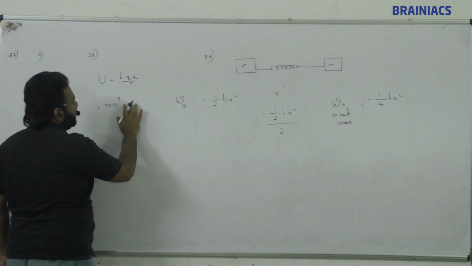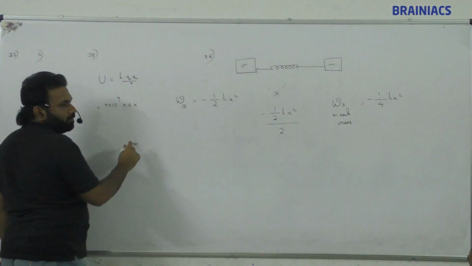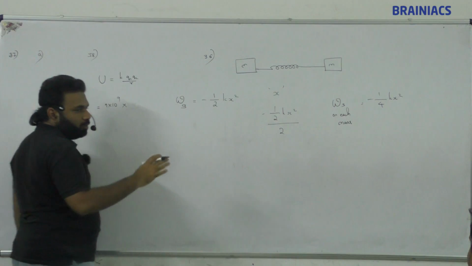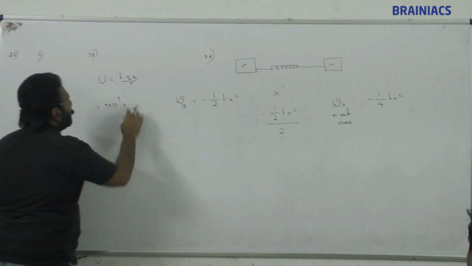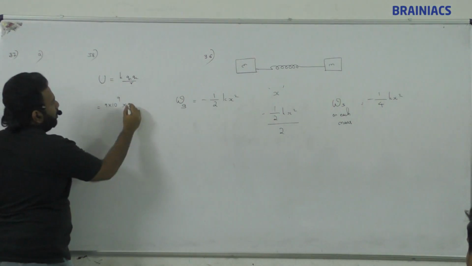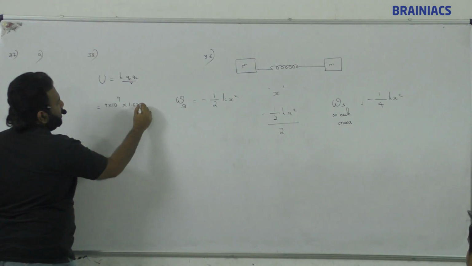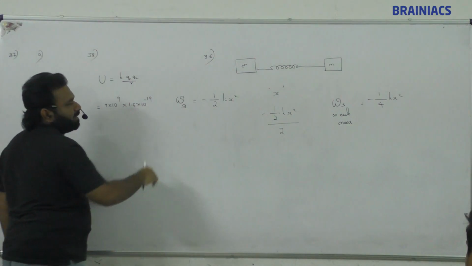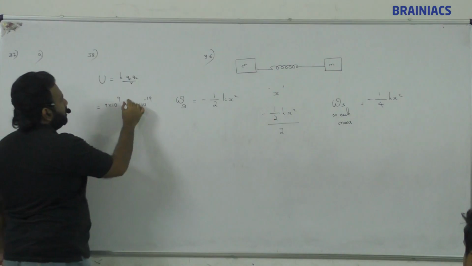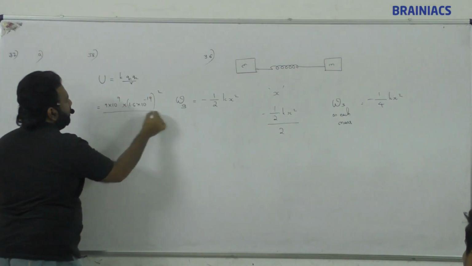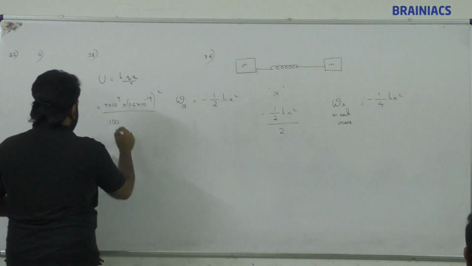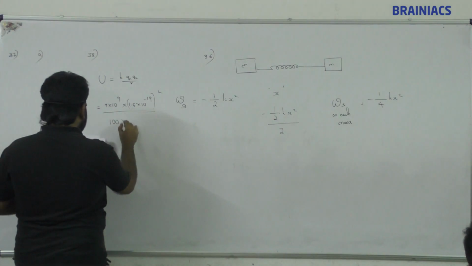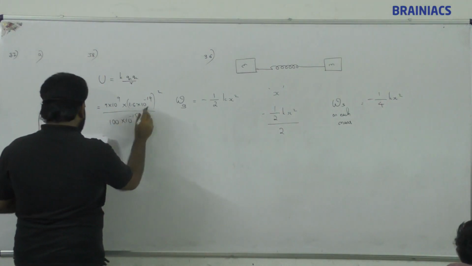No wait, this is not an alpha particle, right? So e into e, 1.6 into 10 raised to minus 19 whole square, divided by the distance, 100 fermi, so 100 into 10 raised to minus 15, right?